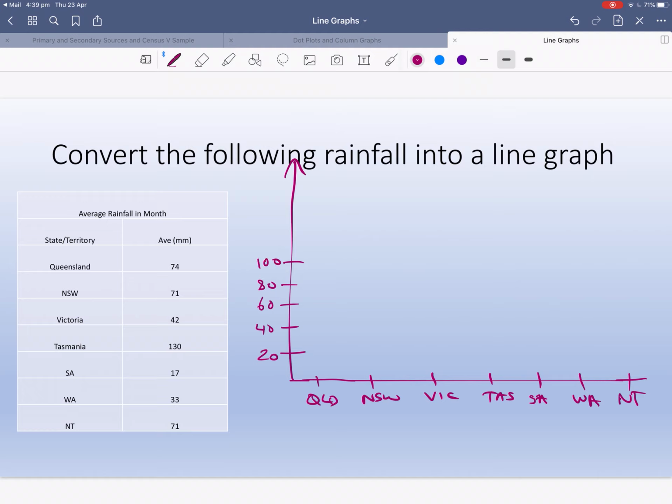And 120. We're almost to our 130, so that'll be a bit too high. 140. Okay. Now this is the rainfall in millimeters. So you always have to write what it is, and this is the state or territory.